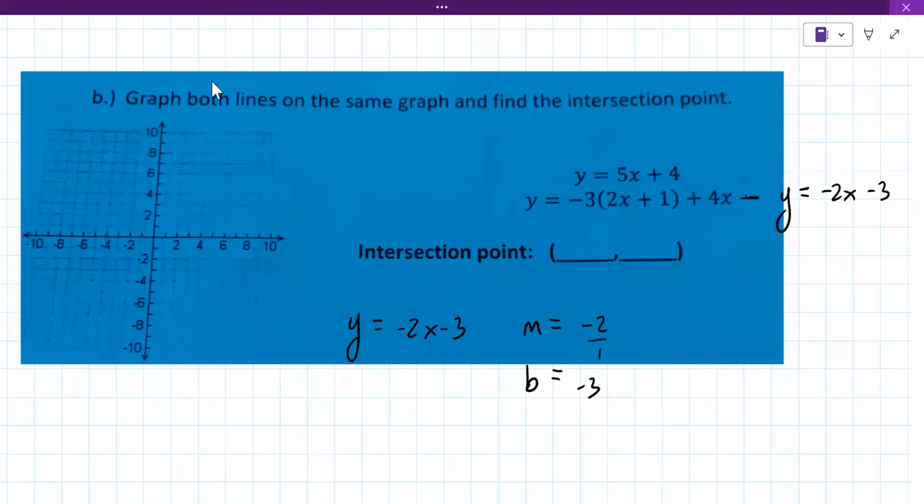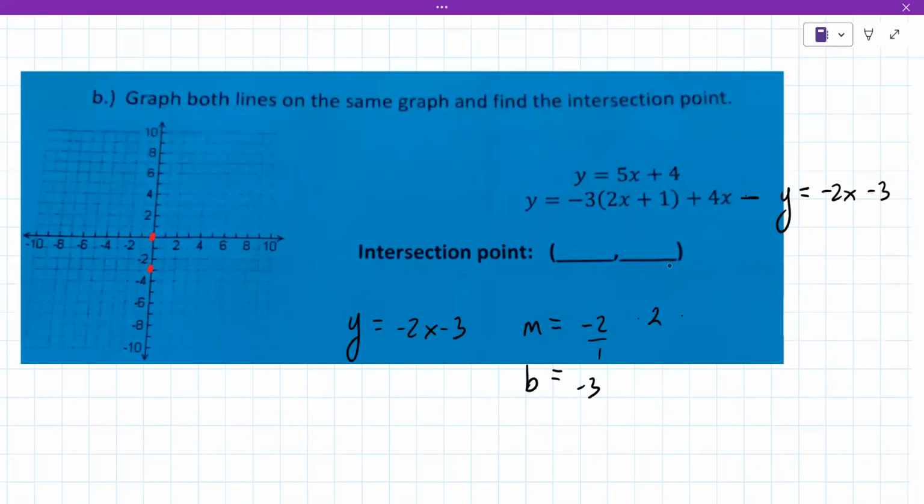So you go to the graph, there's the origin. You go down to -3. That's the b value. And then you use the slope. Why would you put it -2/1? Good question, because the slope tells you the rise over the run.